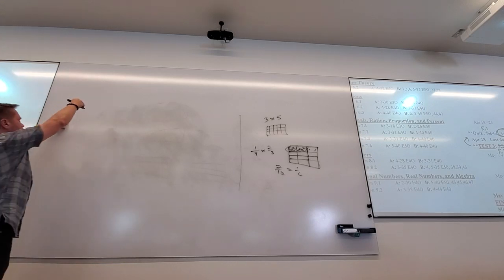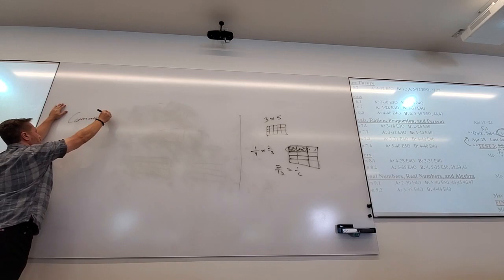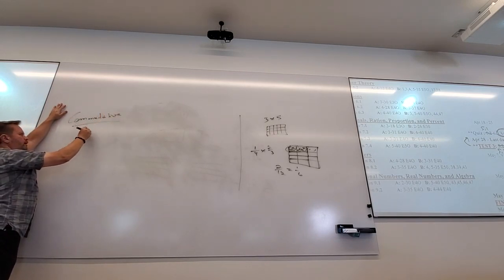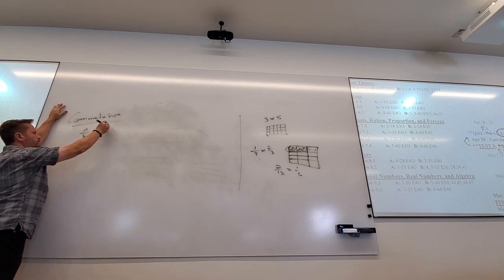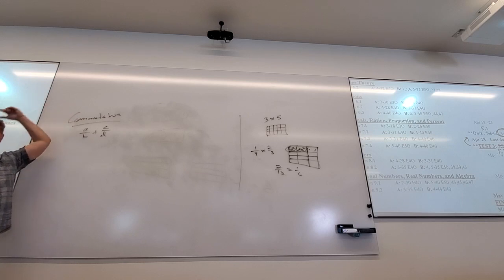Some of the basic ones were like commutative. So is fraction addition commutative? Let's see. We kind of have to prove it, but the nice thing is it inherits the properties.